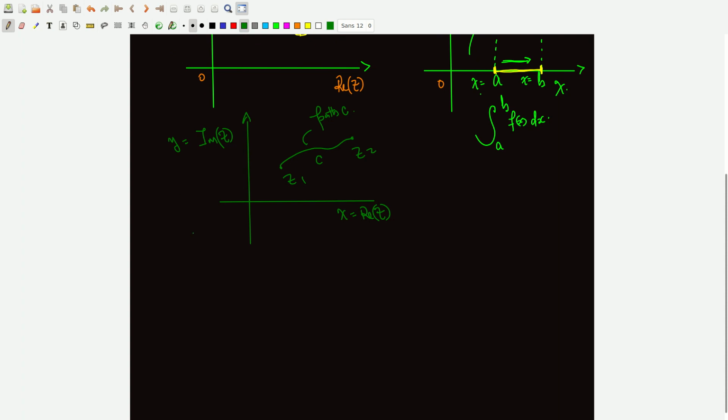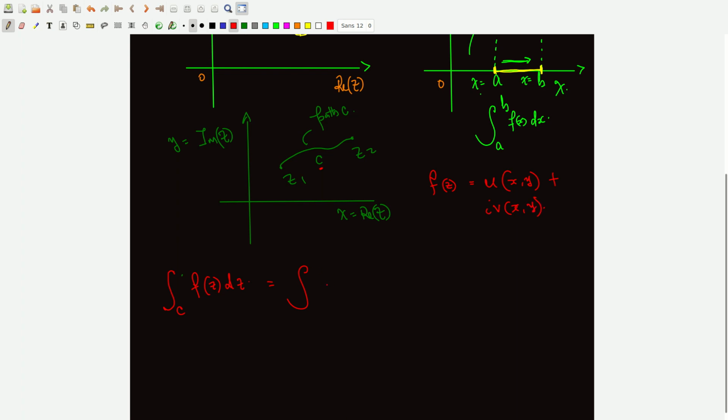So let us write down something here, and we shall make some simplification as well. We can say that if we are integrating along this path c of our complex valued function f of z with respect to z, we can write f of z as a complex valued function which has a real part and an imaginary part.